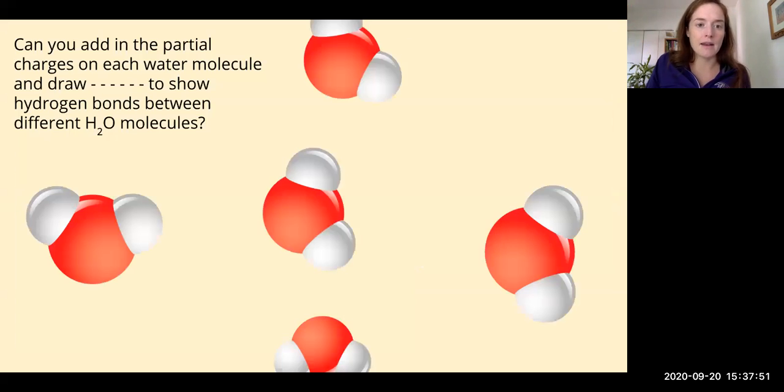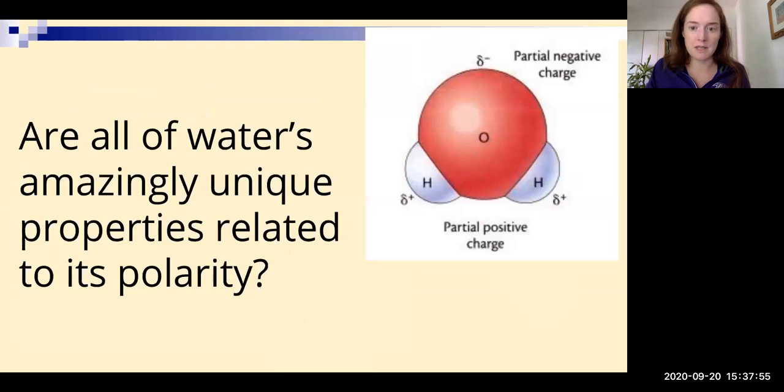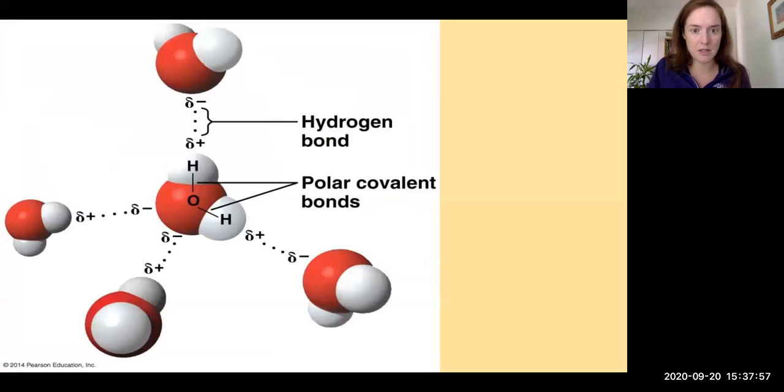So let's take a look at, well, I asked you to draw these in class, and most people did a great job. They were able to sketch in, okay, I know that the bonds that hold the water molecule together are called covalent. Valence electrons are being shared in that, and it's not an even sharing, so it's called polar, creates poles.